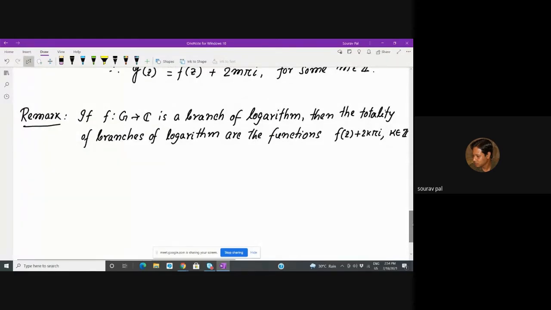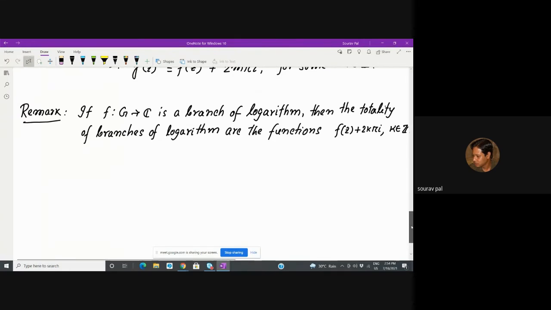In order to define a single valued logarithm, in order to define a branch of logarithm, we need to remove a half line. This half line is called a branch cut.